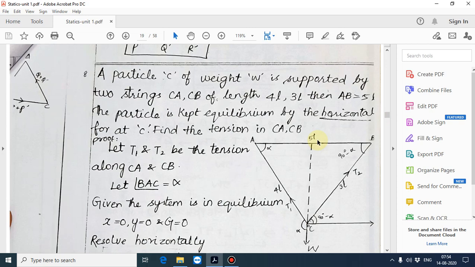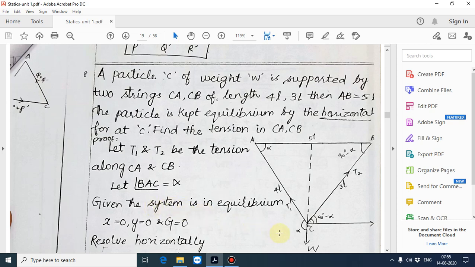Here tension T1 and tension T2. AC is T1 and BC is T2. Let T1 and T2 be the tensions along CA and CB. Let angle BAC be equal to alpha.